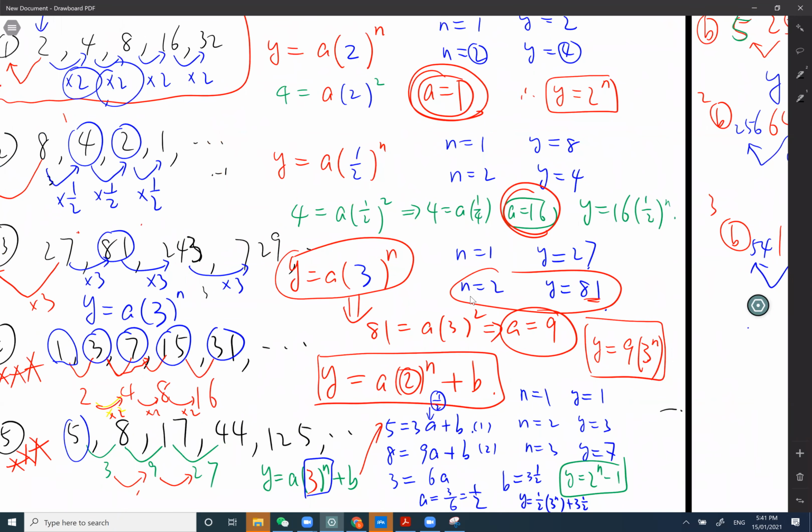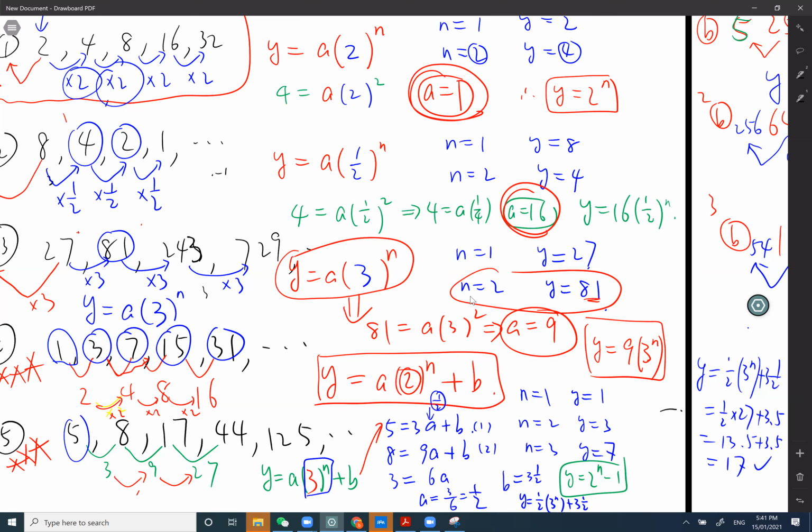If n equals 3, 27 times half is 13.5, plus 3.5, 17. Correct. So this formula is correct.